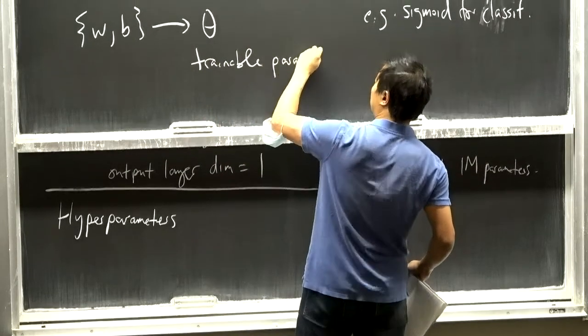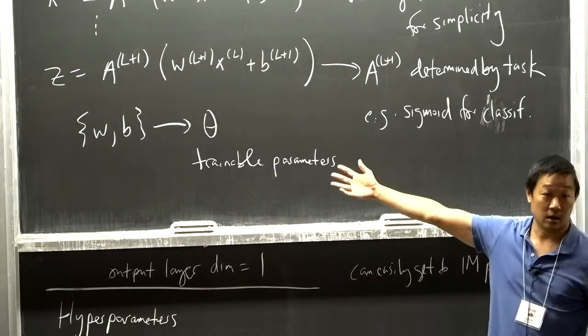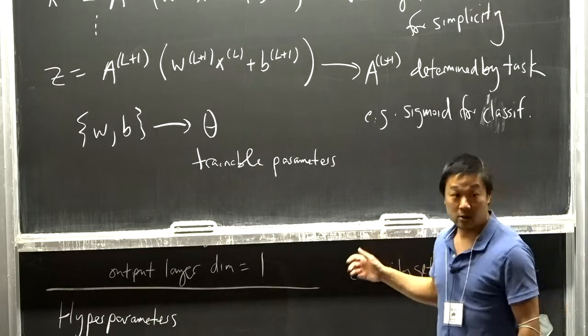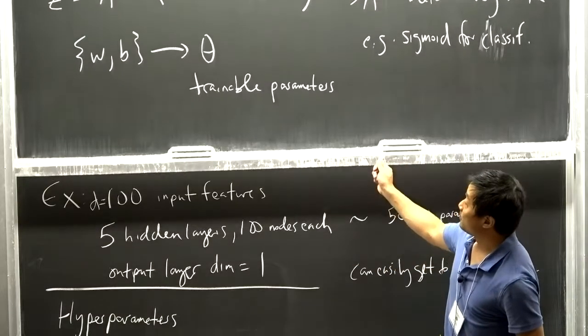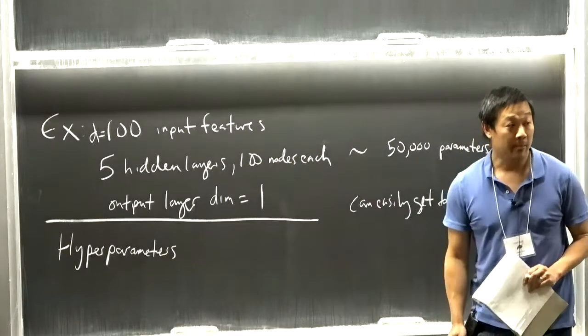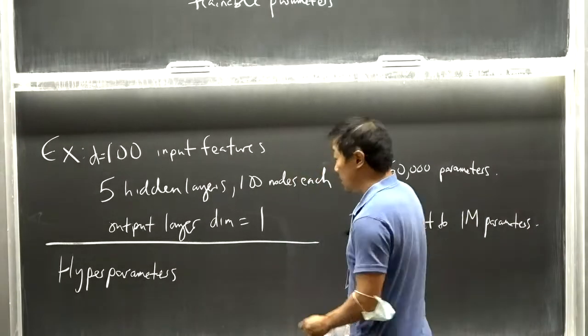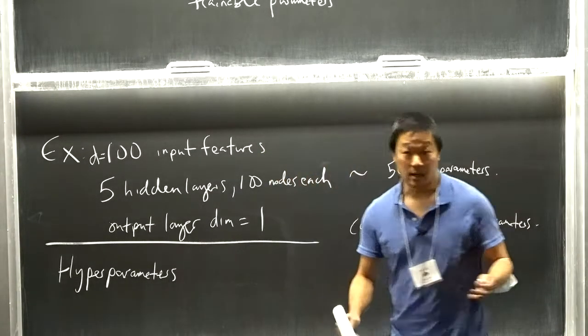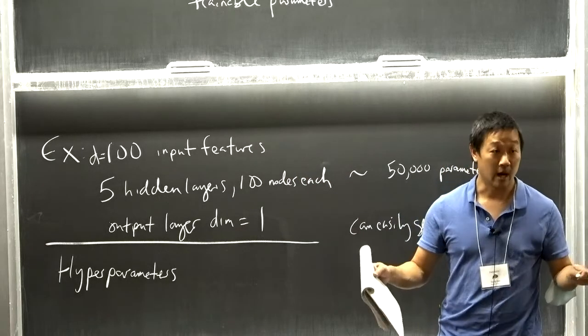These are parameters that are going to be adjusted during our optimization of the loss function, using methods that I will tell you about in a minute. So these are the trainable parameters. And then there are additional parameters that define the neural network architecture and also how we train it that don't get adjusted during the training. These are called hyperparameters.